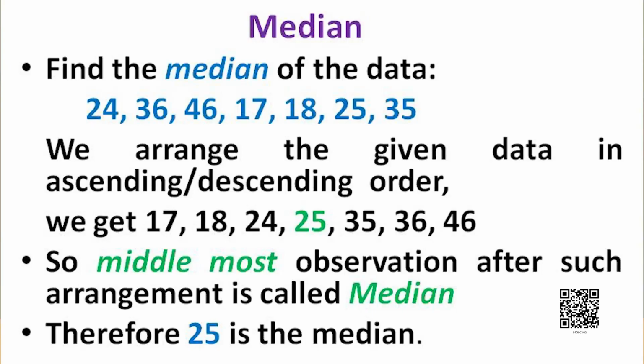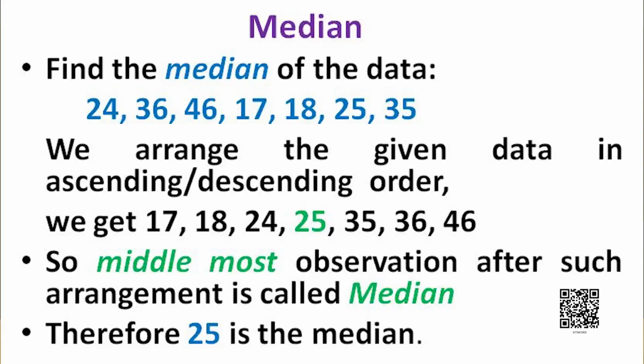So we have data that is given: 24, 36, 46, 17, 18, 25 and 35. Now we have to find out which is the middle one, or which number is at the middle. So we will again do the same thing. Let us arrange it in ascending or descending order. That's not necessary, it is up to you.